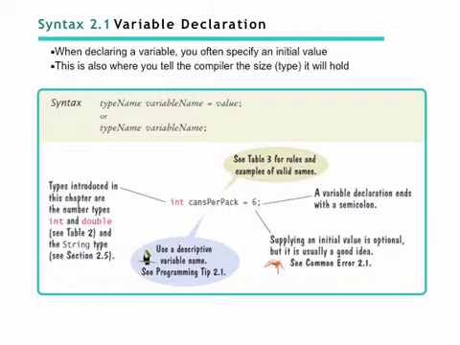It's a whole number, and we'll talk about data types in a second. cansPerPack is the name that we are using for this variable, equals 6. The initial value that we are providing is 6. There are 6 cans per pack. Notice that the variable name starts with a lowercase letter and uses that camel casing we talked about before. Starting with a lowercase letter is the convention that we use when naming variables.